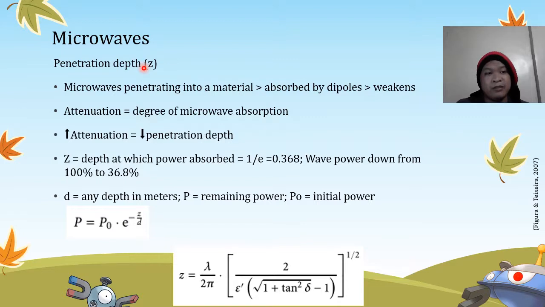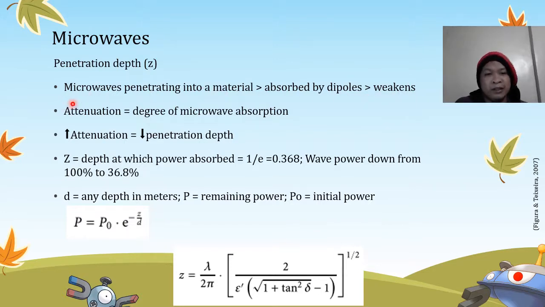And we note, of course, that the longer wavelengths can penetrate more or travel longer distances compared to the shorter wavelengths. So the microwaves, when they penetrate into a material, dahil na-absorb ng dipole yung energy, nababawasan yung microwave energy and therefore nagwi-weaken siya.